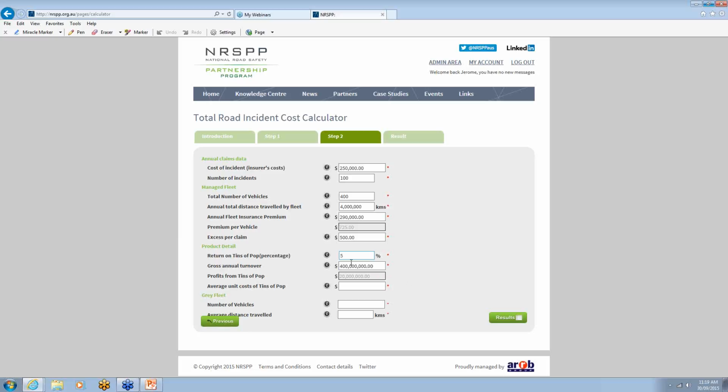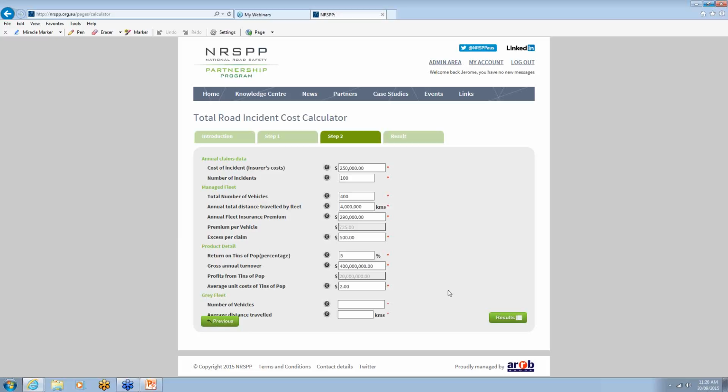I can see already there's a slight correction needed there because it's assuming 50%, not 5%. No, that's correct. Sorry, it is 20 million. Sorry, my mistake. Excellent. So, what's the average unit cost of tins of pop? Well, they're made here locally in Australia, so we're looking at $2 at the moment. Okay, so $2 to make the tin of pop.